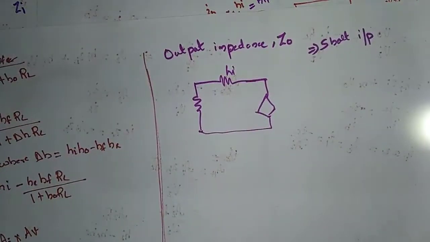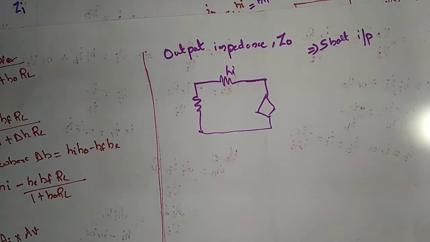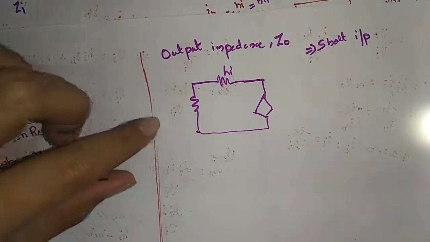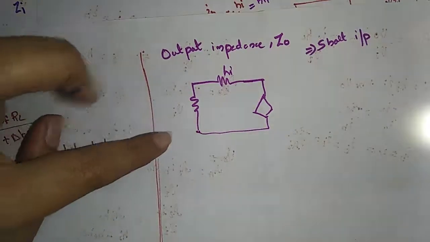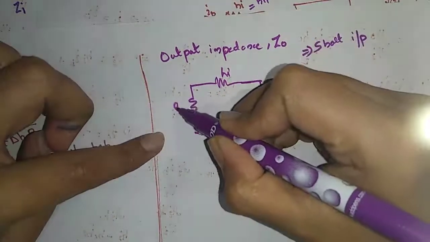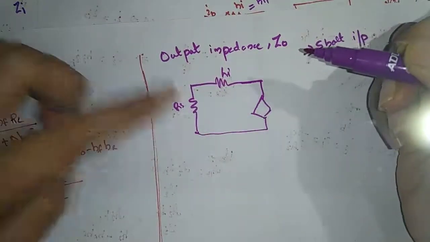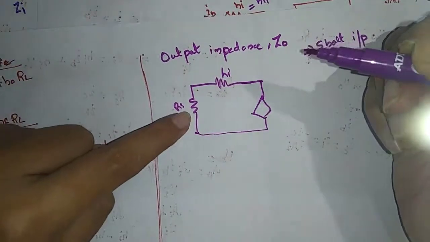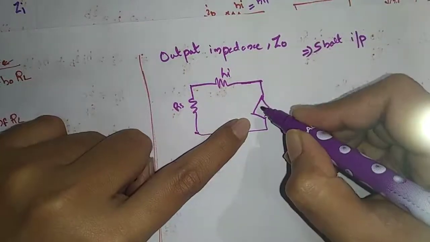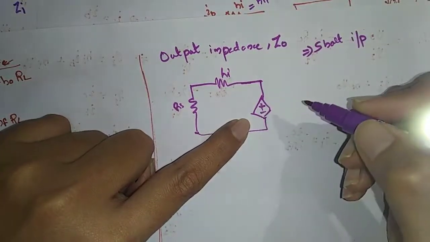So this is the short circuited diagram, in order to solve for not the input impedance but the output impedance. There is a source resistance as well as the parallel combination of RB, then hi here, and a plus minus voltage source here.